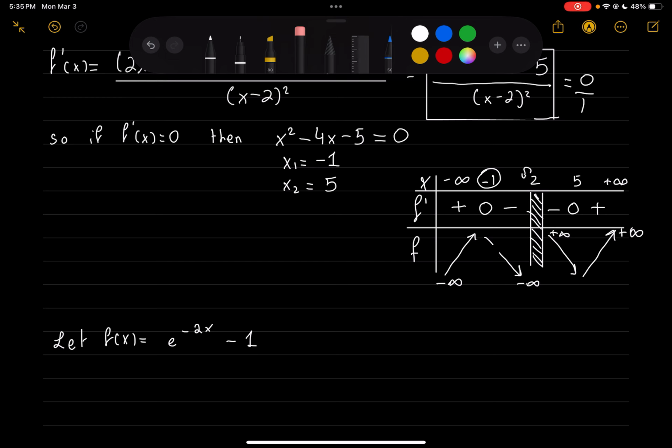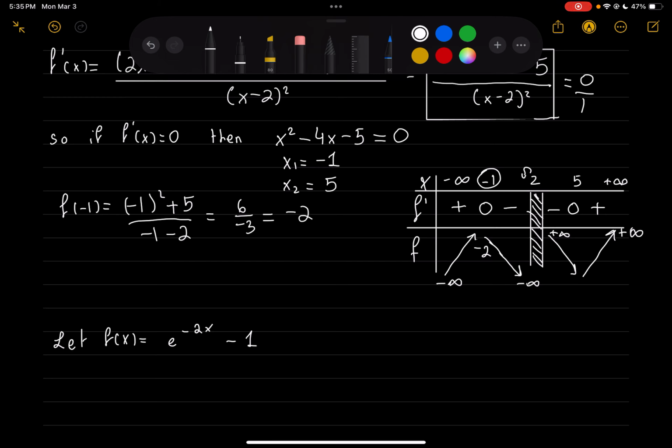First, f of negative 1 is going to be negative 1 to the power of 2 plus 5, over negative 1 minus 2, which is 6 over negative 3, which is going to be negative 2.